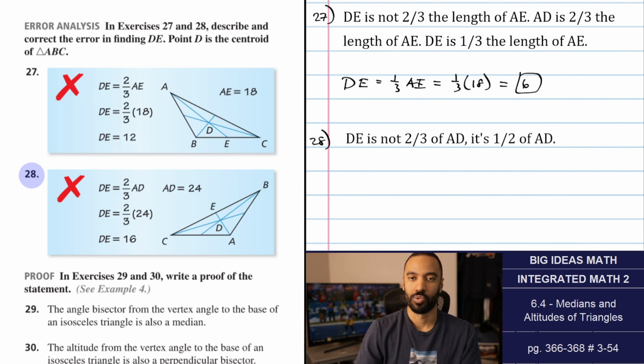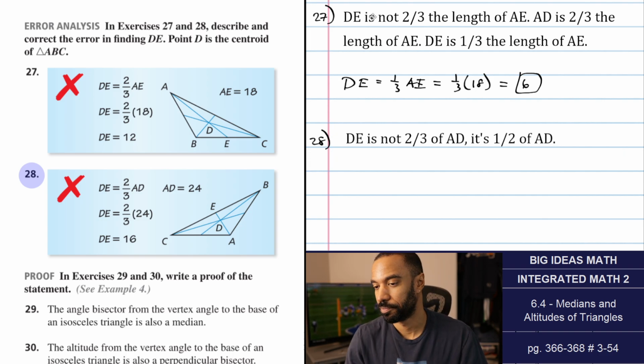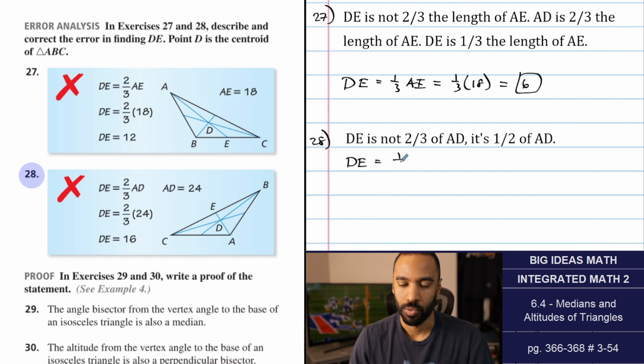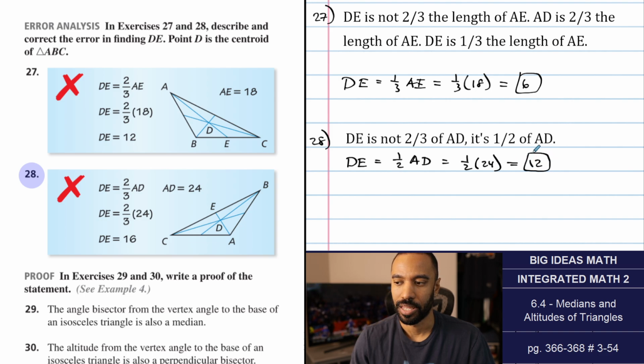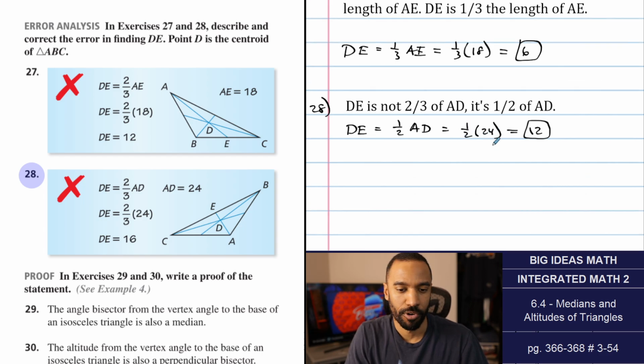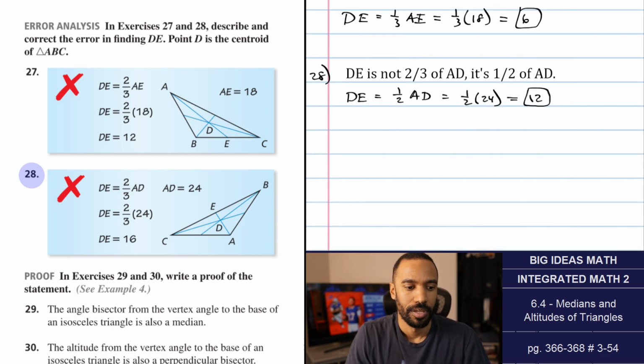So, because 1/3 is half of 2/3. So DE, the little guy, is 1/2 that of AD. AD is 24. So, it is 12. AE would therefore be 36.